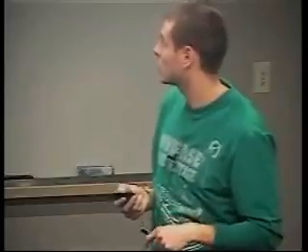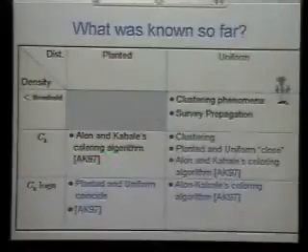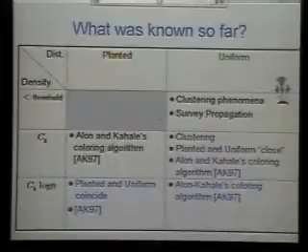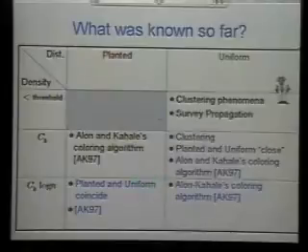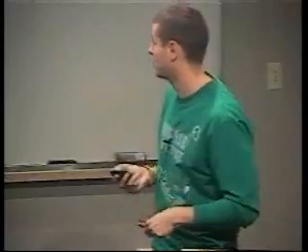Below the threshold we had the clustering and the survey propagation. Above it, we had Alon and Kahale's algorithm. This is the algorithm that was proved in 1997 to work for the planted k-colorability distribution, which we show also works for the uniform case.